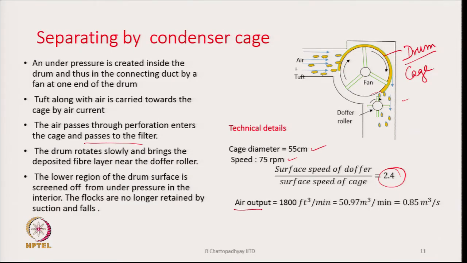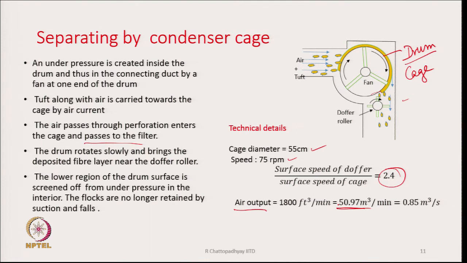The air output is typically 50.97, close to 51 meter cube per minute. That is the suction rate, the volumetric flow of air. So, the fan should be powerful enough to suck around 51 meter cube per minute of air.